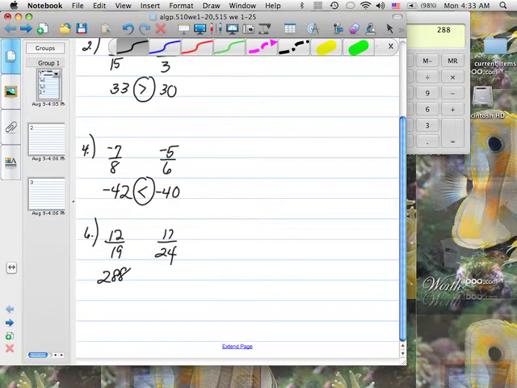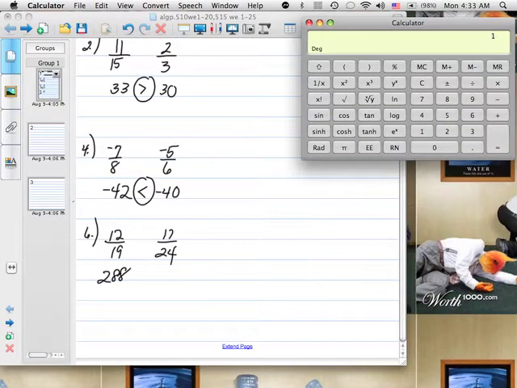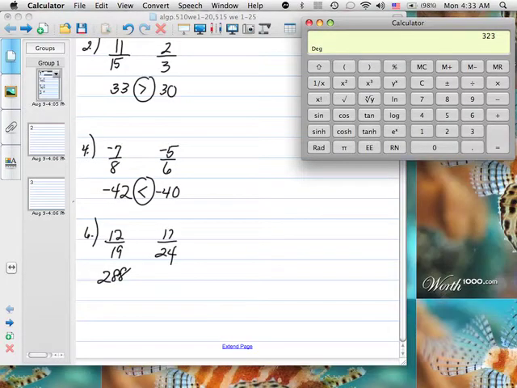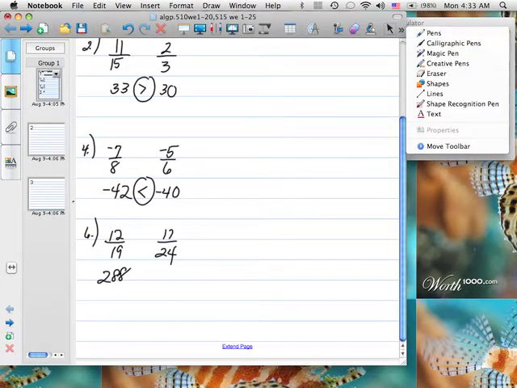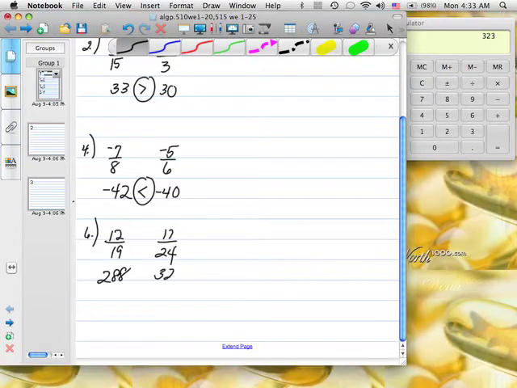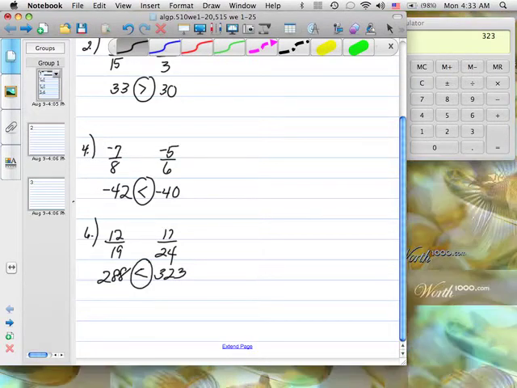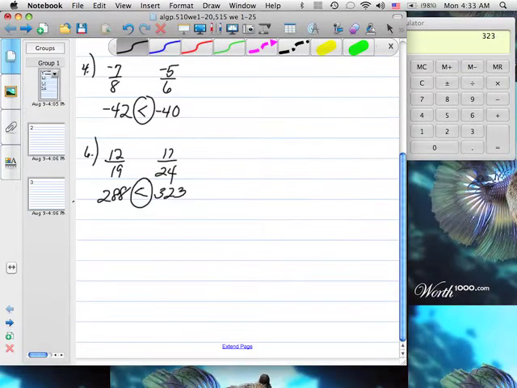And 19 times 17 is 323. And 288 is less than 323. So first fraction is smaller than the second.